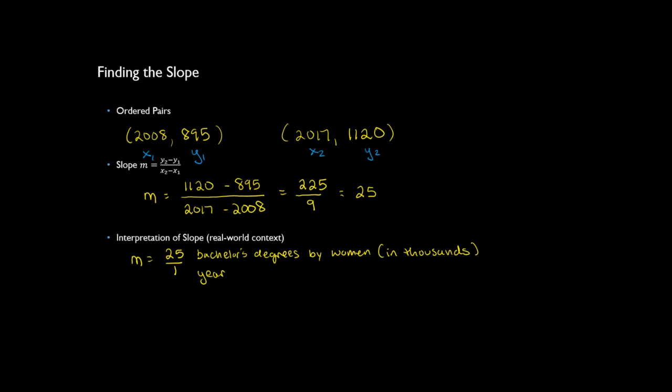So our interpretation, we write it as a sentence, we would say the number of bachelor degrees earned by women is increasing, and it's increasing because it's positive. If I spelled that right.